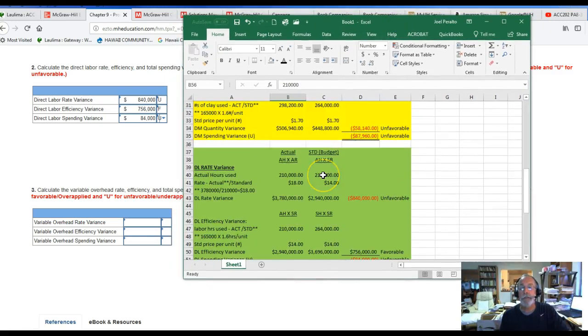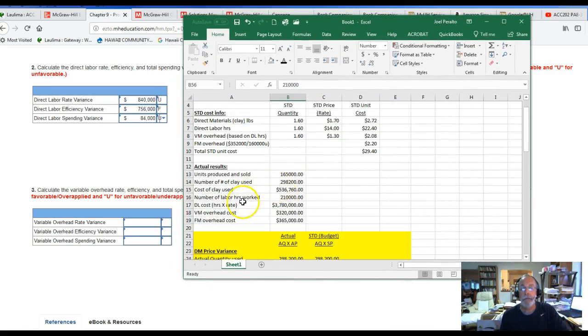Let's see. Our standard overhead rate is $1.6 based on, okay, so it's 1.6 based on direct labor hours.